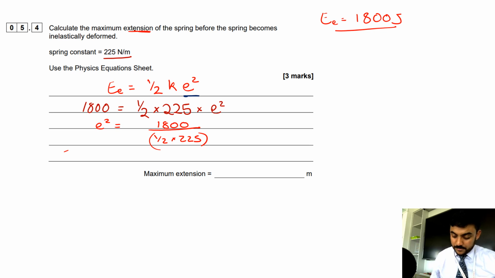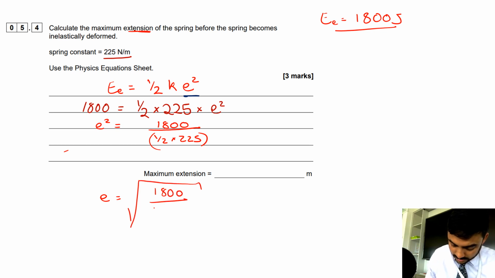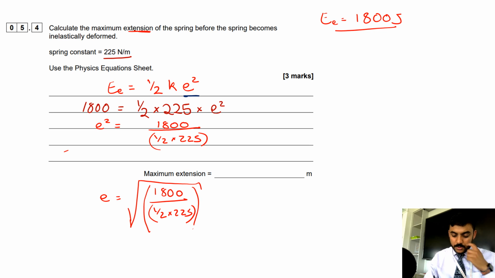And the last step is e is equal to the square root of 1,800 divided by a half times 225. Notice how I made my square root sign very big, because I want you to know that this whole thing, after you compute it, is being square rooted. When that is done, the extension happens to be 4 meters.